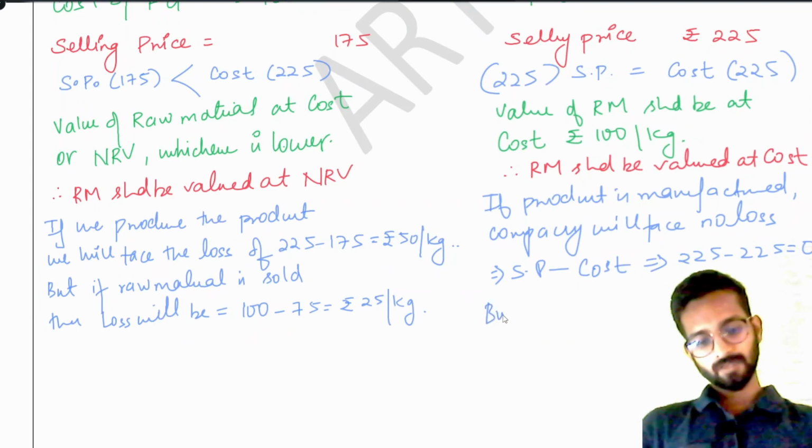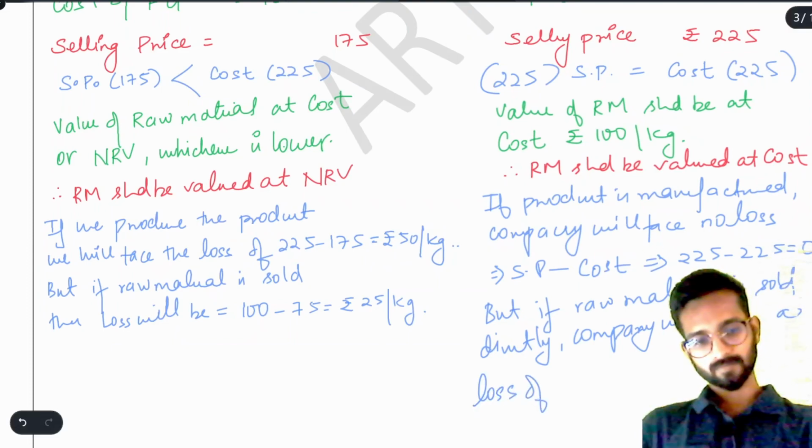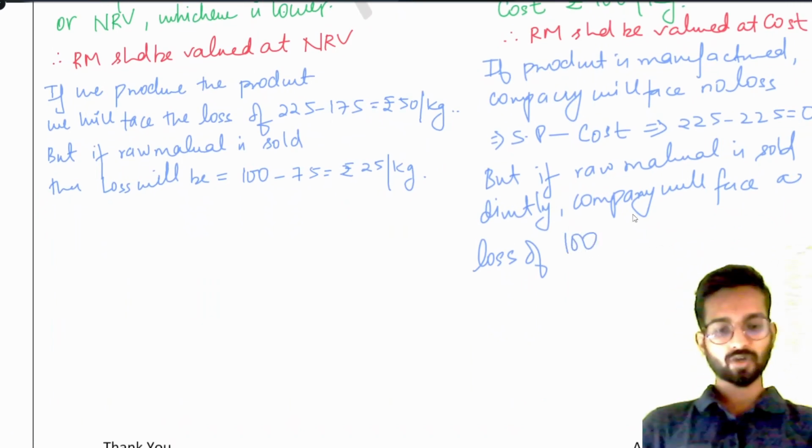But if raw material is sold directly, company will face a loss. 100 rupees is the cost, but we can sell it in the market only at 75.